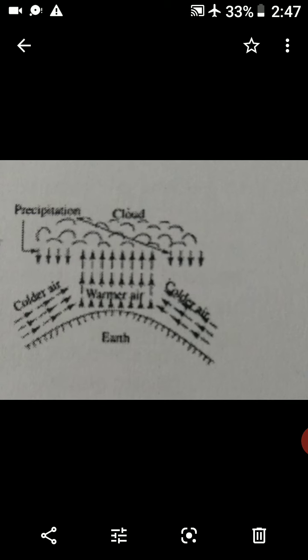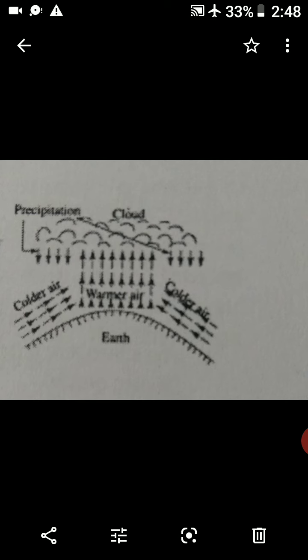The rain occurs only in a small area, which is called a pocket. This precipitation occurs due to the warm air and cold air. Usually this happens in city areas where you can see the cloud burst.